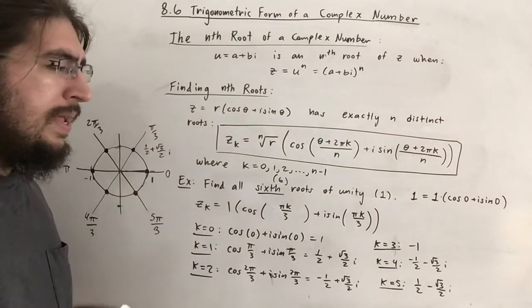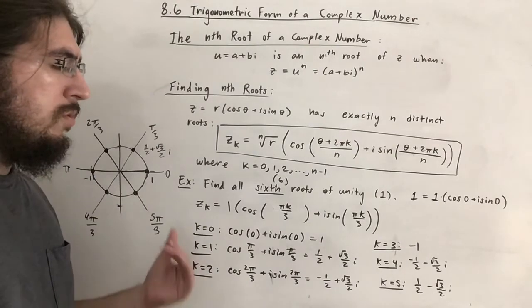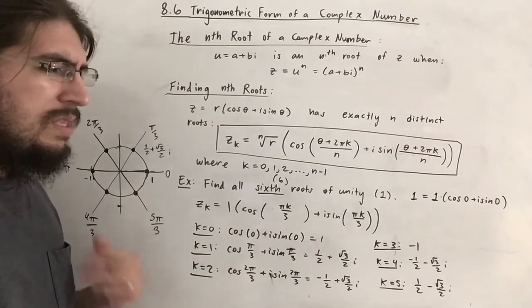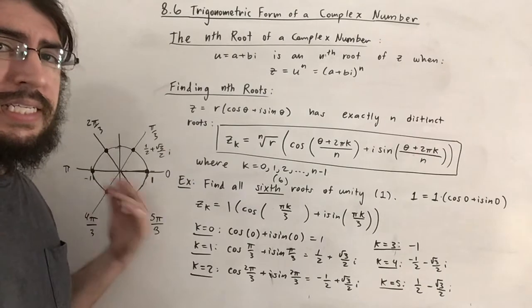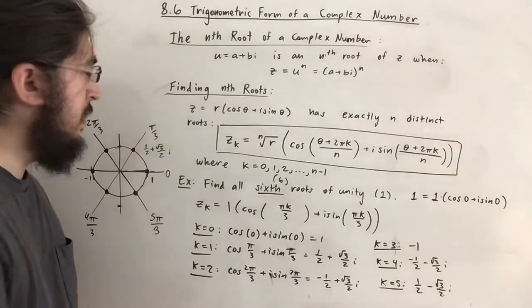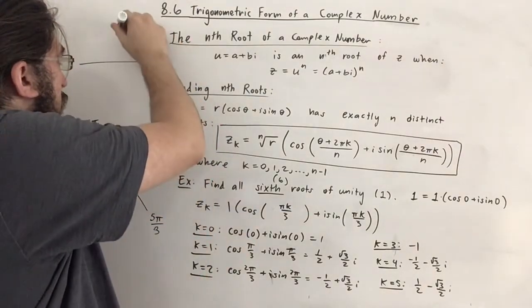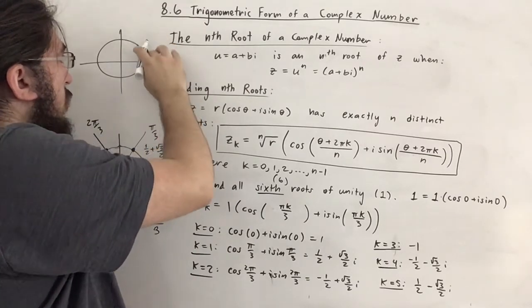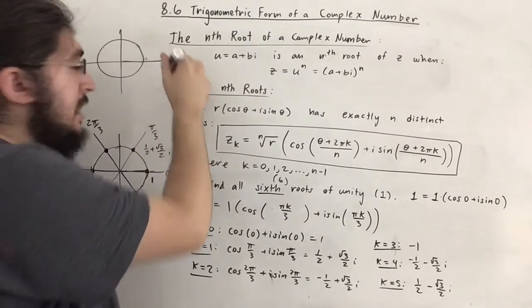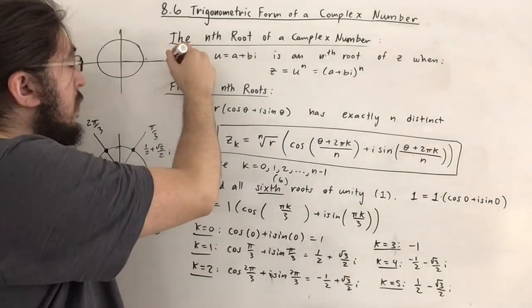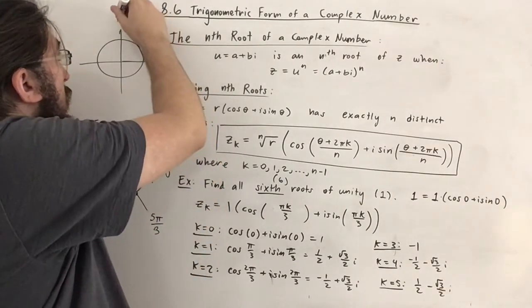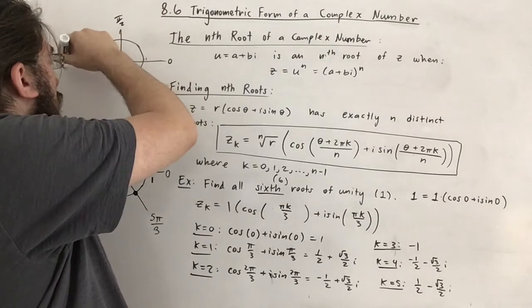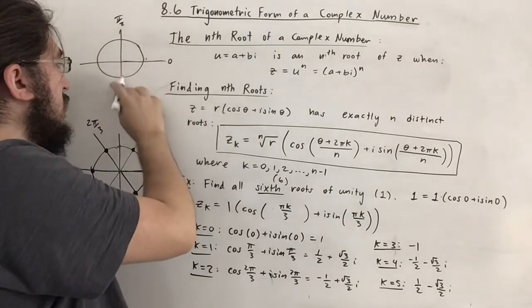Oh, by the way, I mentioned that the fourth roots of unity involve i, and that's easy to see with this idea in mind, because if you take a look at the unit circle and you cut it into 4 equal slices using the x-axis as one of your slices, you get 0, pi over 2, pi, and 3 pi over 2.